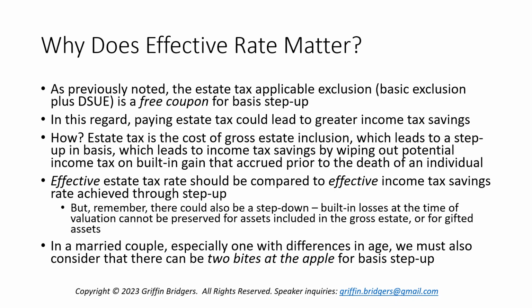It's because the applicable exclusion, which is basic exclusion plus DSUE, is a free coupon for basis step-up. And it could be a free coupon for basis step-up, giving 2 bites at the apple, where at first death you get an unlimited basis step-up, and at second death you get a step-up free of estate tax for that applicable exclusion amount, plus a step-up in basis with the cost being exposure to estate tax, but at an effective rate that might not exceed the income tax rate that would apply to the built-in gain that is wiped out through the step-up in basis.